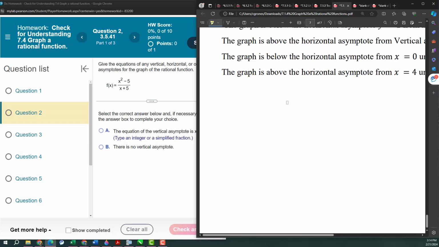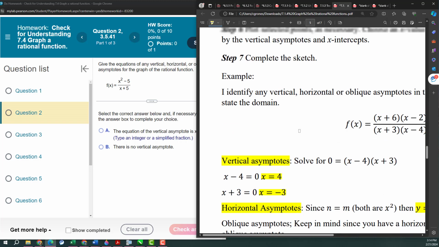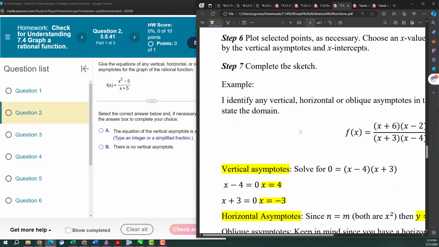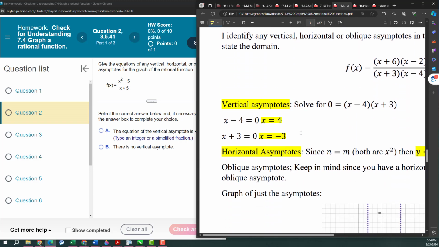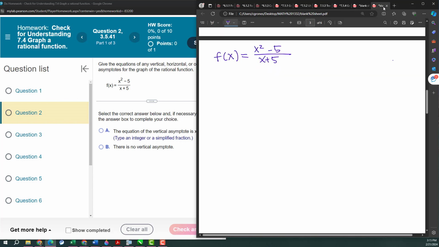Alright, so if you look at your notes, it has the different steps in order to find your vertical and horizontal asymptotes. So starting with our vertical asymptotes, we are going to solve for 0. So our denominator, x plus 5, we are going to set this equal to 0.